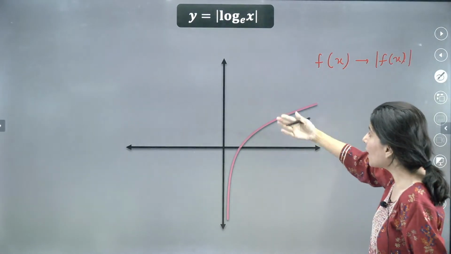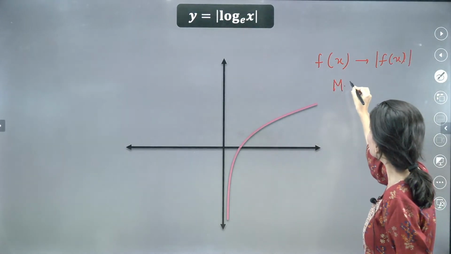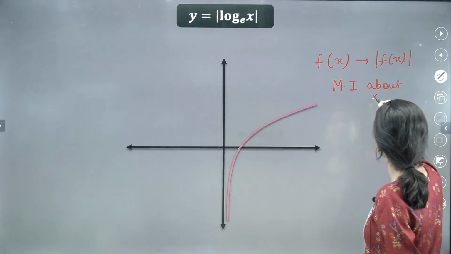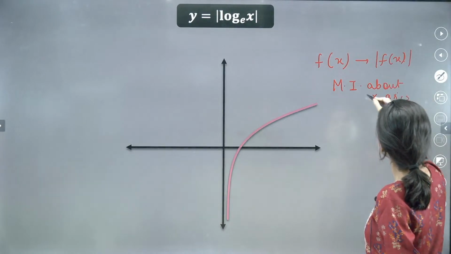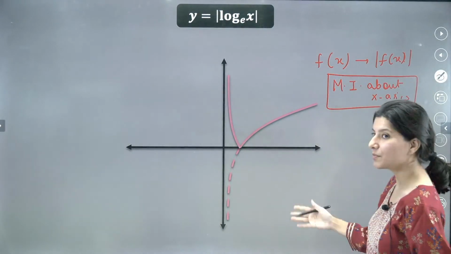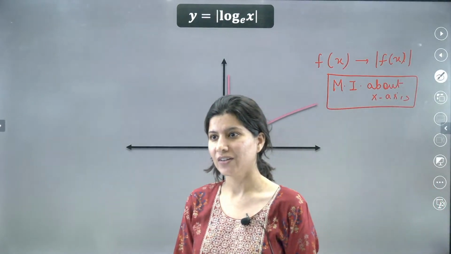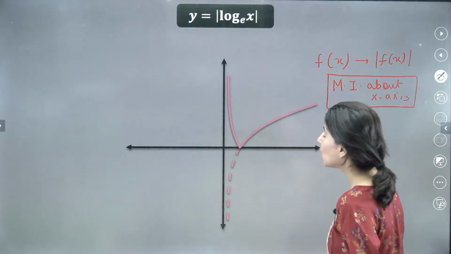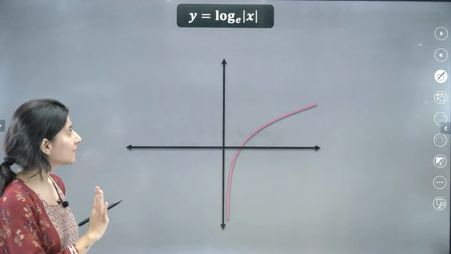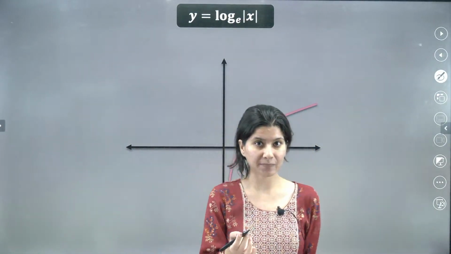Take mirror image about x-axis. That's it. So this will go up. This is mirror image about x-axis, right? Okay. Now what is next? Now again we are back to the same.